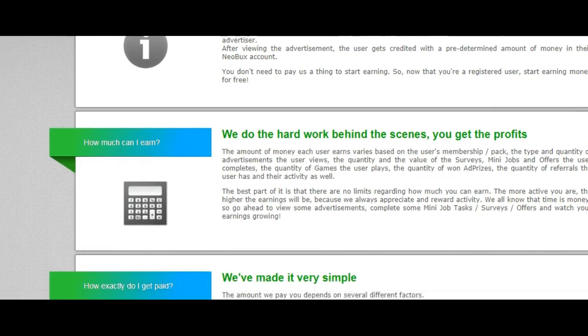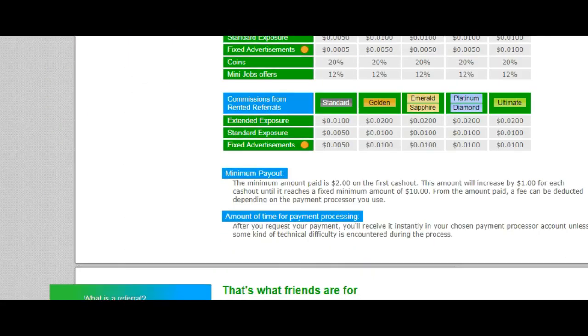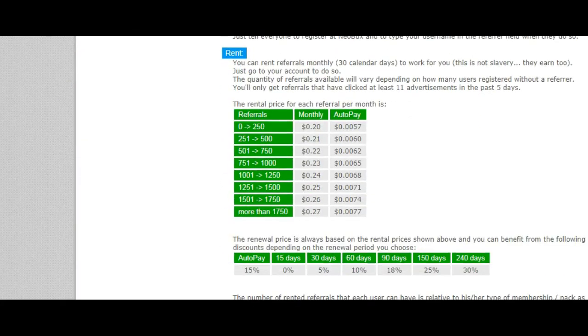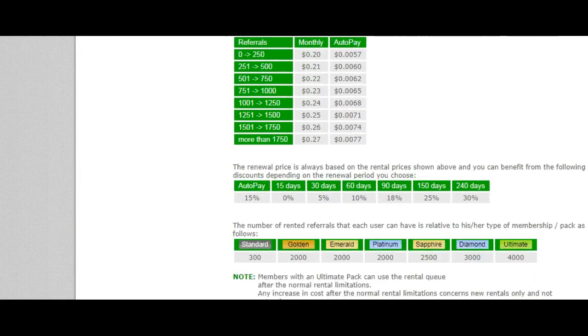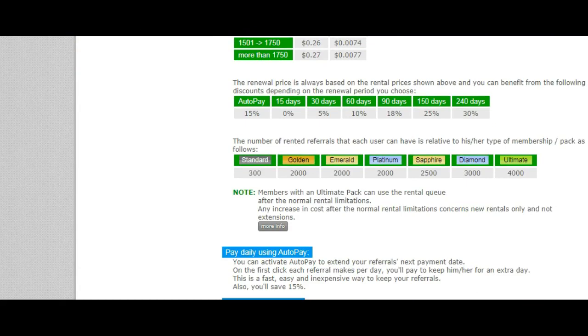So as you can increase your membership levels, if you go up to a golden membership, which costs I think it's $80, and you can actually get that at a reduced rate as well, then you can have 2,000 rented referrals.